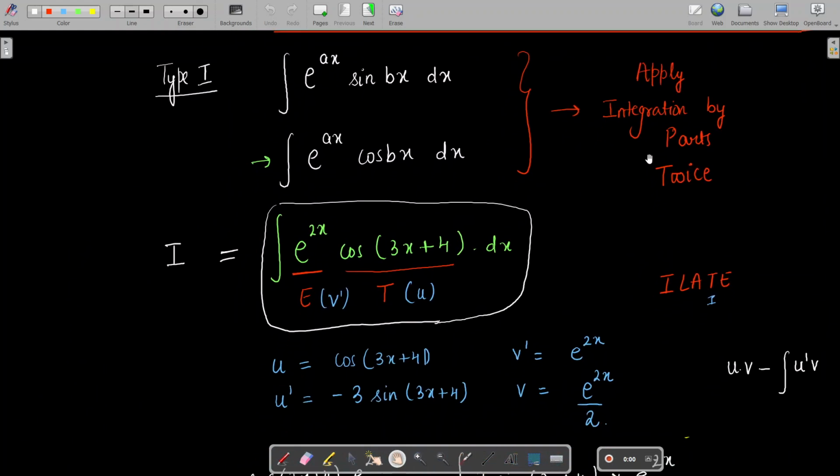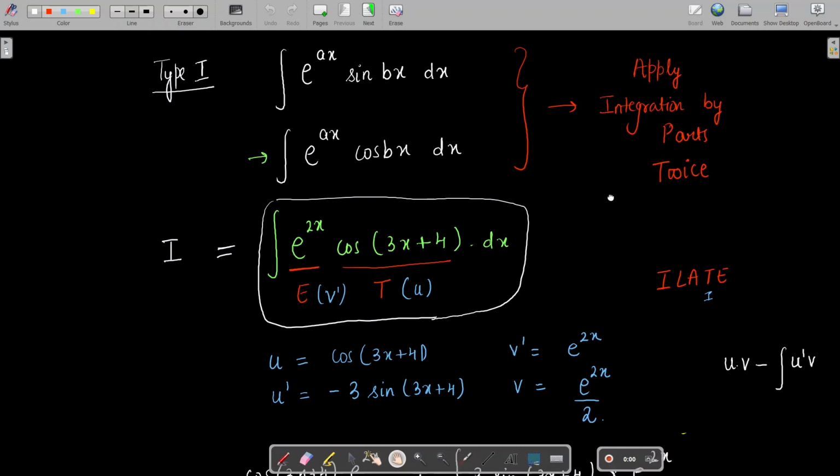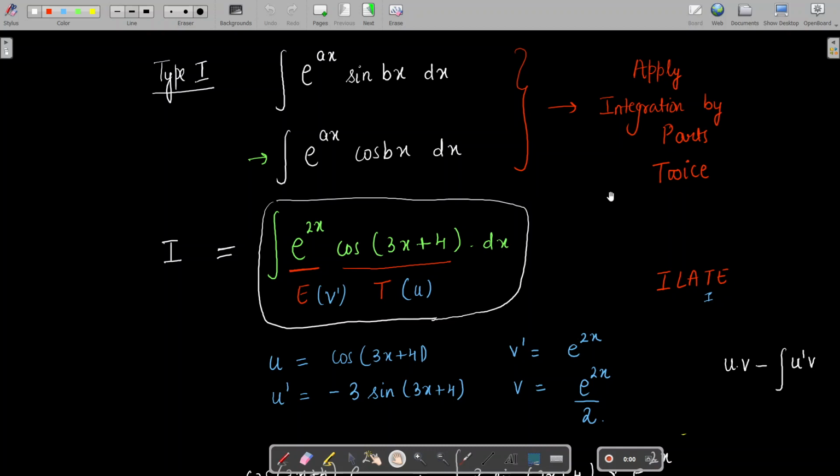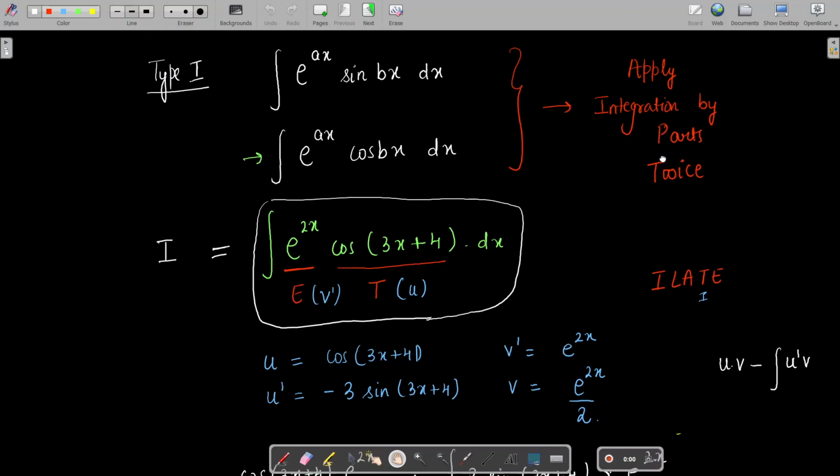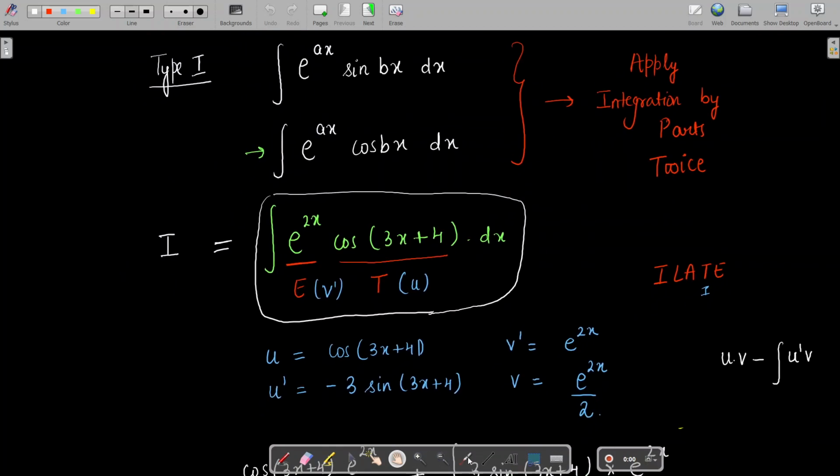Now we will look at two types of integrals where we will know that we have to apply integration by parts. This is type 1. In type 1, if you see any problem of this type, e raised to the power ax times sine bx or e raised to ax times cosine bx, you have to apply integration by parts twice, not just once, but twice.